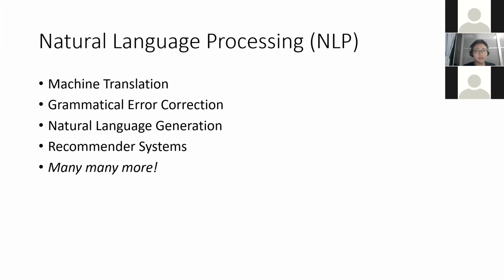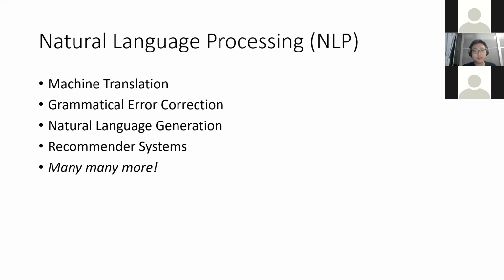I also covered something of a recommender system, and the news recognition system that I talked about a few times back. So these are all applications of natural language processing, and there are many, many more others out there.